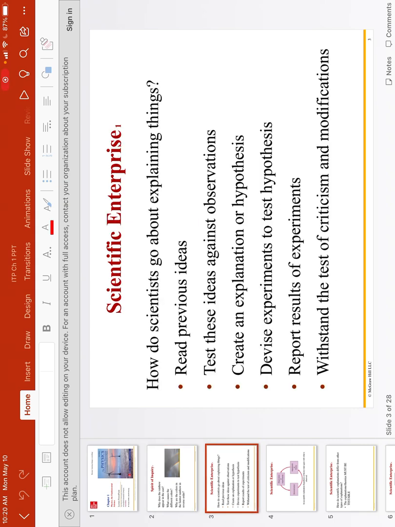So typical in every science textbook is going to be the scientific method. One of those things is just, how do scientists go about explaining things? The way that they do that is that they do some research, they need to test that research and see if it lines up with their observations.